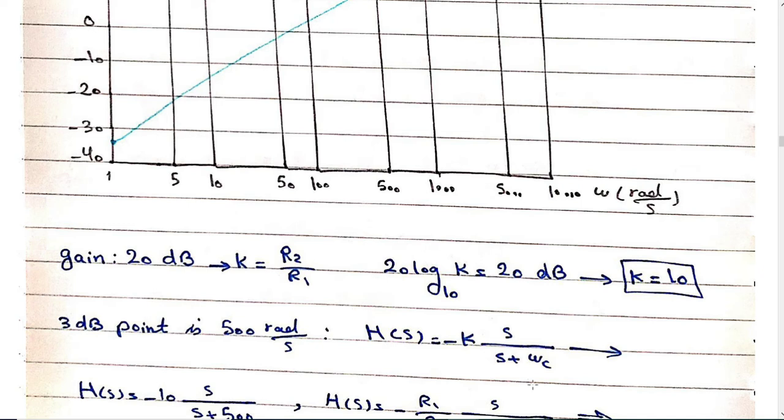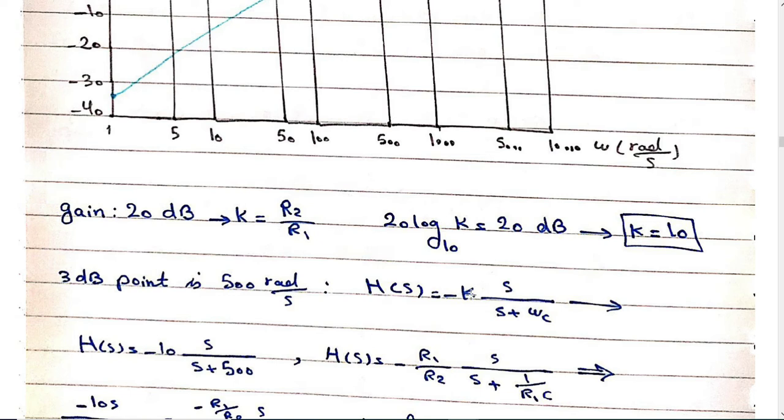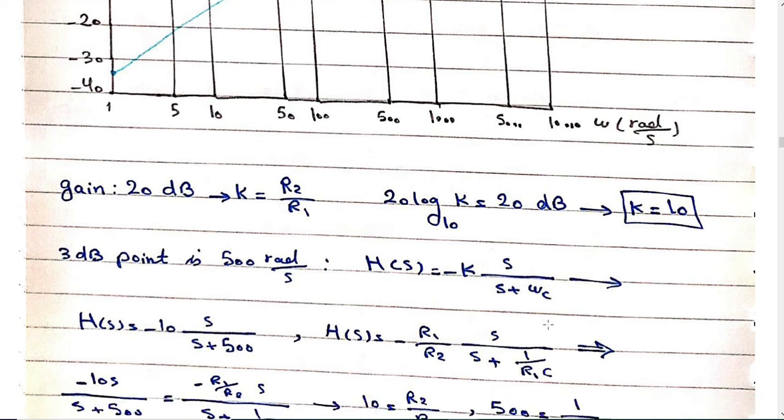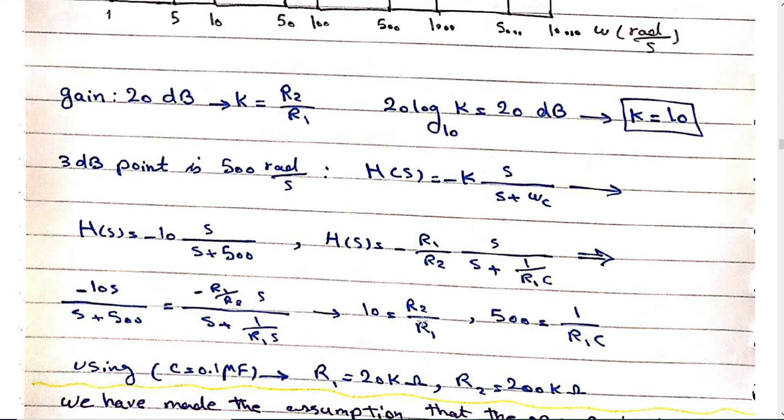So this is the transfer function for this filter: K is R2 over R1 equals 10, and 1 over R1C is 500. With C equal to 0.1 microfarad, R1 is 20 kilo ohms, and R2 from this equation is 200 kilo ohms.